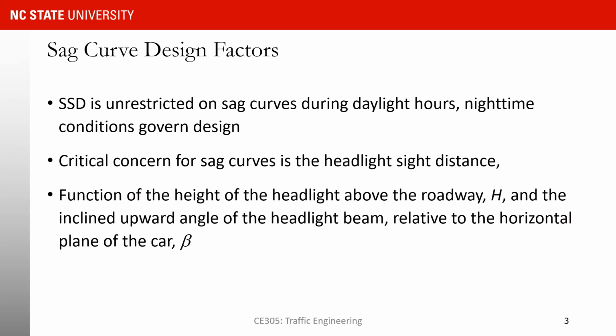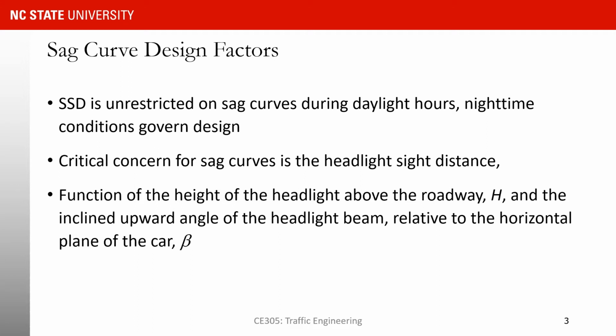So as we already talked about, stopping sight distance is not restricted on sag vertical curves during daytime. And so when we want to design them, we just design them for nighttime condition. So we need to make sure that we have enough headlight sight distance.